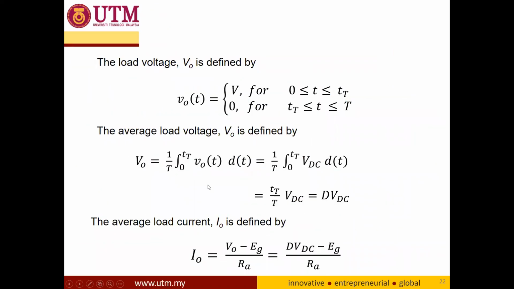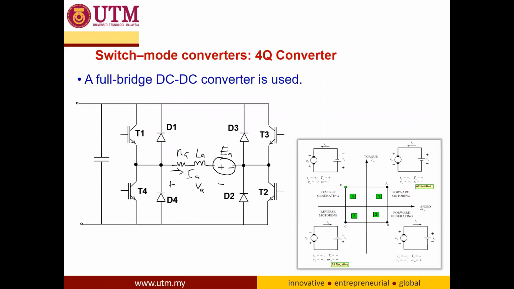So still, VA is a DC voltage, and IA is still the same. This is IA and this is your VA. And this is a circuit for a DC-DC converter that is capable of operating in all 4 quadrants.